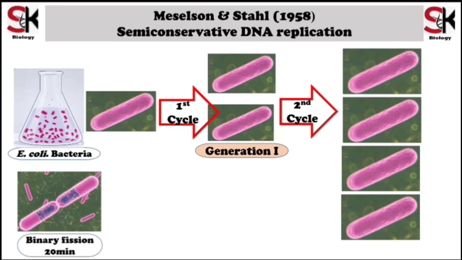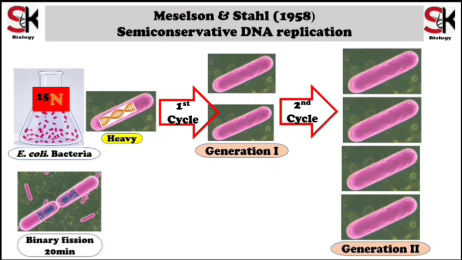Meselson and Stahl used this reproduction process of bacteria and the isotopes of nitrogen in combination. Firstly, they grew bacteria with N15, that is the heavy isotope. So all the bacteria produced will have heavy DNA, shown here in orange color.